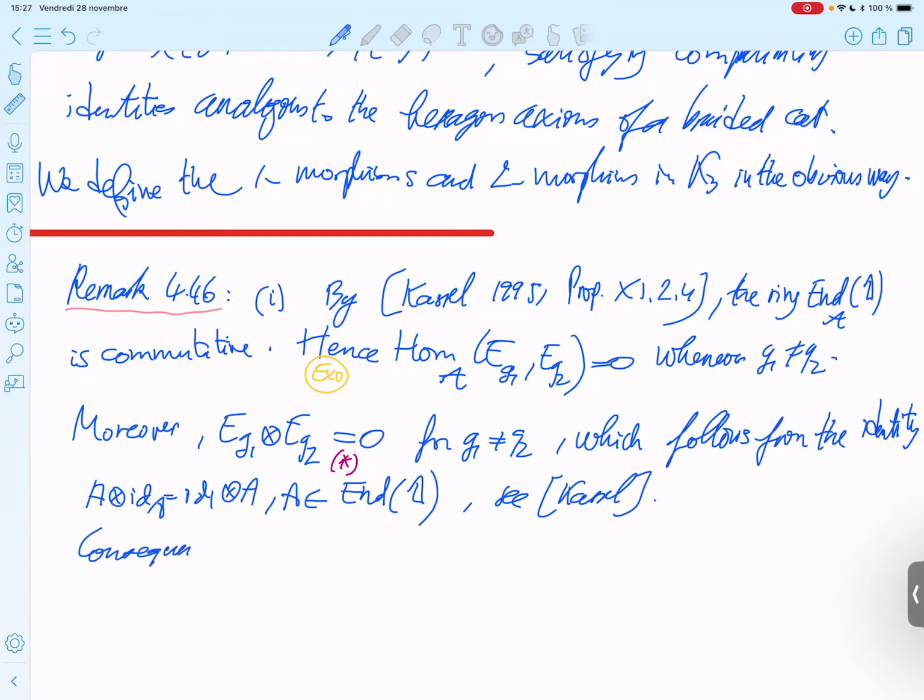Consequently, we have an isomorphism between 1 tensor 1 and 1.